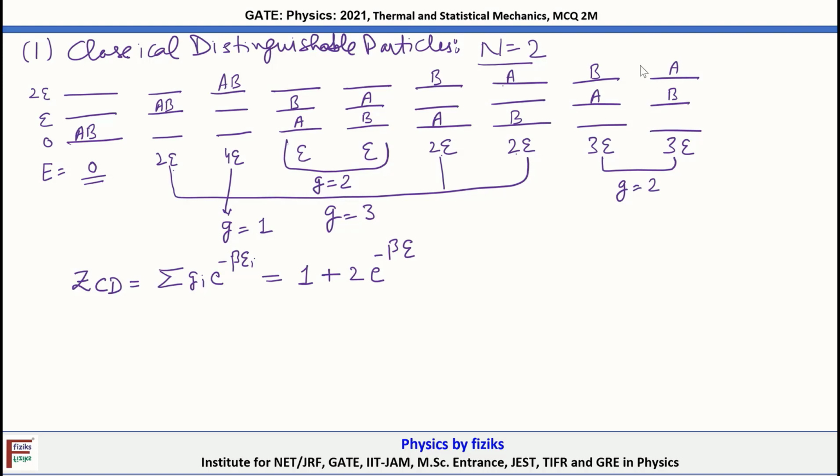Now let's take a look at how many microstates with energy 2E: 1, 2, 3. So the degeneracy is 3, times exponential minus beta 2E, or I can write it as 2 beta E. Now how many microstates with energy 3E? 2, so plus 2 exponential minus 3 beta E. There is only one microstate with energy 4E, so plus 1 exponential minus 4 beta E. This is the required partition function when we treat these 2 particles as classical distinguishable particles.